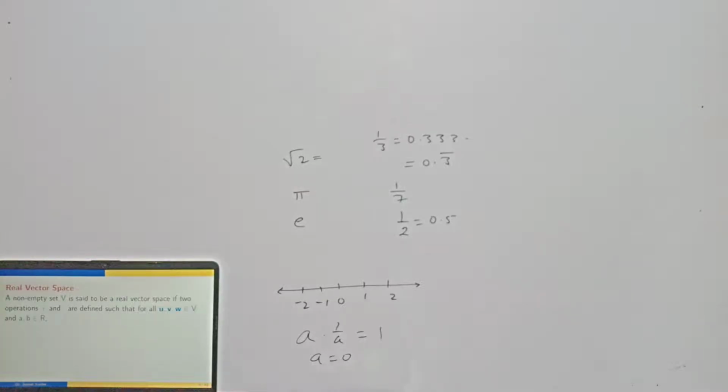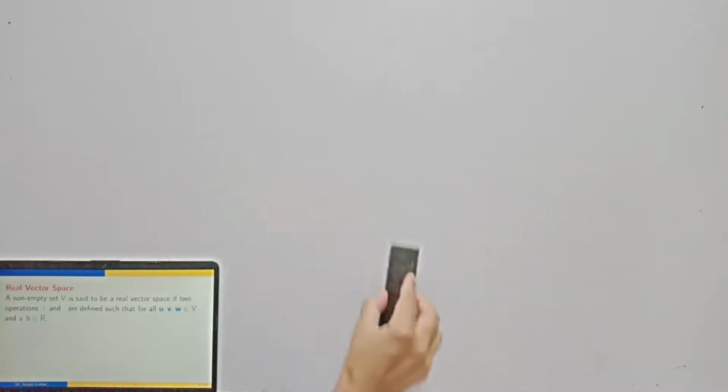Now, let's see what is a real vector space. This is the key definition in this chapter. You should understand this definition clearly so that you feel comfortable in doing problems on real vector spaces. Read it carefully.